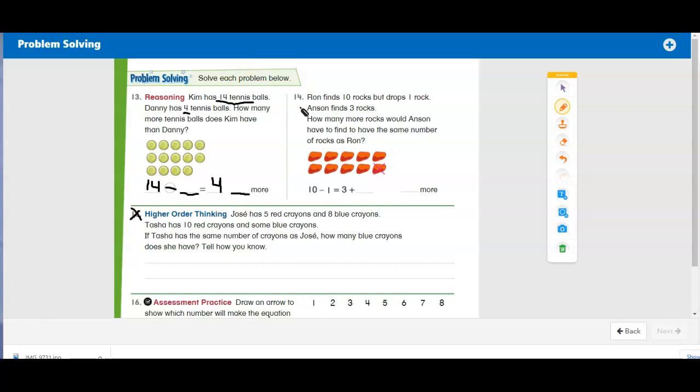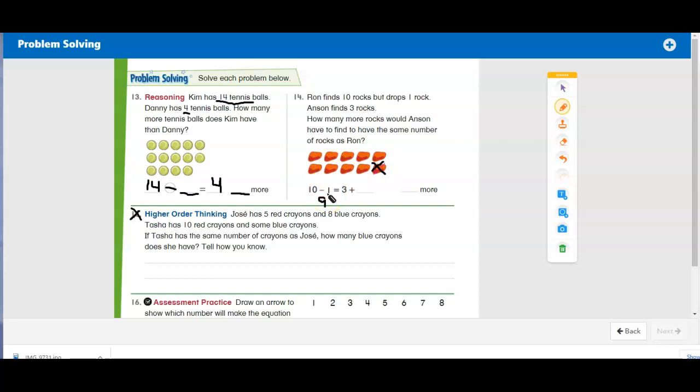So do you remember the number we saved in our head? 10 minus 1? What is 10 minus 1? If you have 10 and you take away 1, you would have 9. So we can see here there are 10 rocks and they crossed out 1 of them to show you would have 9 rocks left.